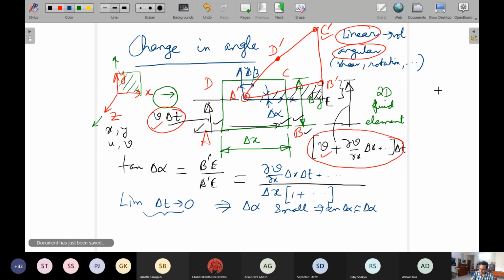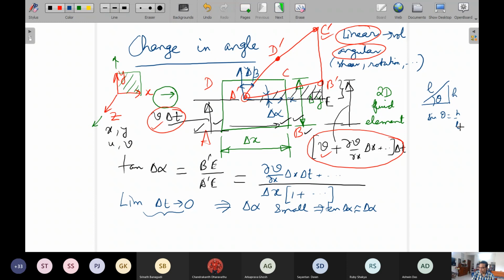If you just draw a geometrical diagram, say for sine theta, I'm just giving one example. So sine theta is h by L.